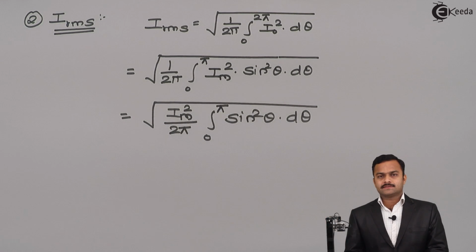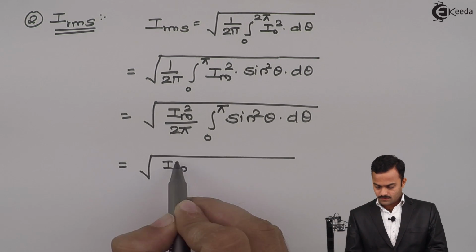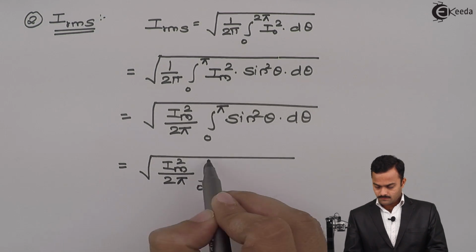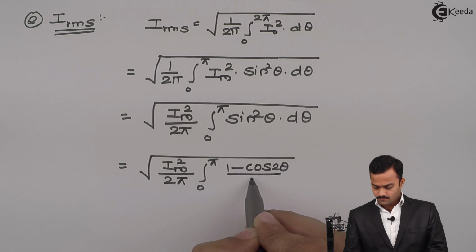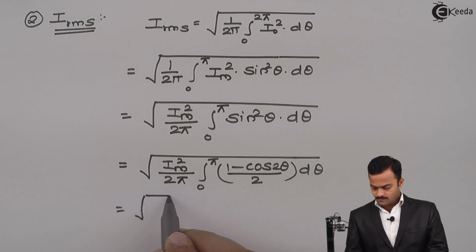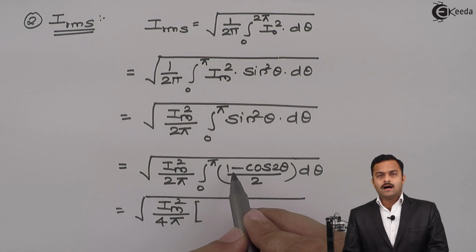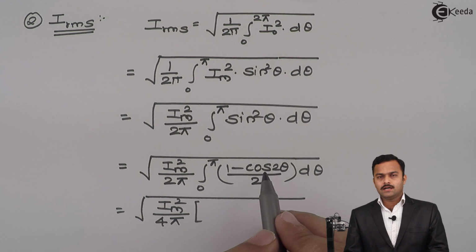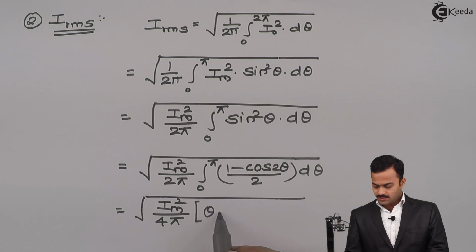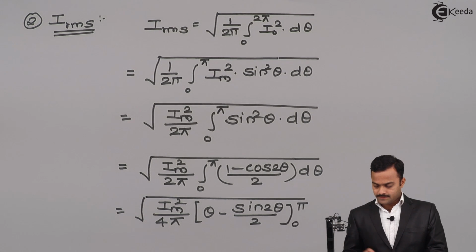Sin square I can replace as 1 minus cos 2 theta by 2. So if I take a 2 common, I will get root of Im square upon 4 pi and then I will get 1 minus cos 2 theta whose integral is theta minus sin 2 theta upon 2, limits are 0 to pi.